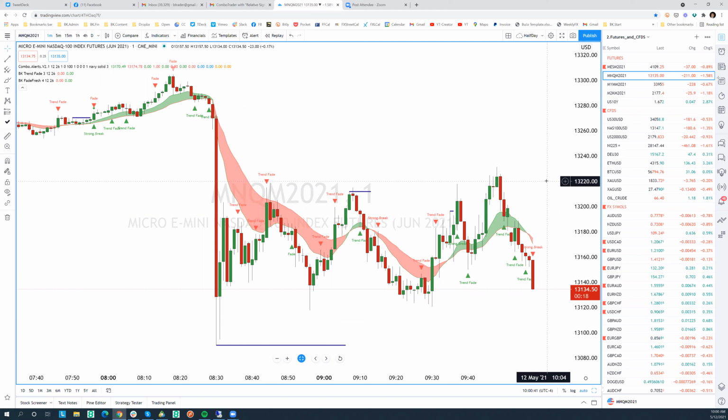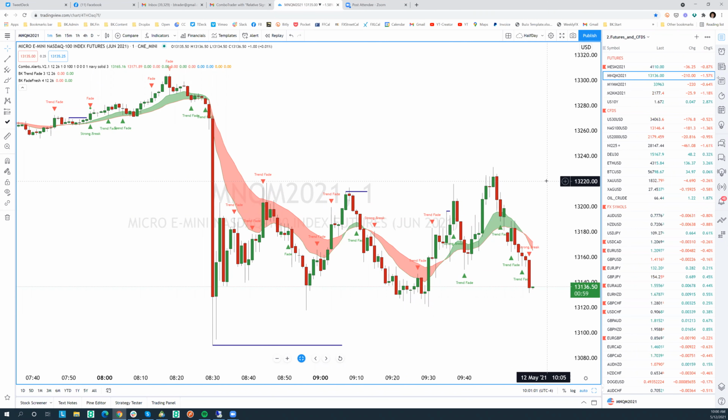Again, even though this may work, I'd rather pass up on this break signal because it doesn't line up perfectly for us, and sell the trend fade rally rather than continuation. Although it may continue to the downside here.